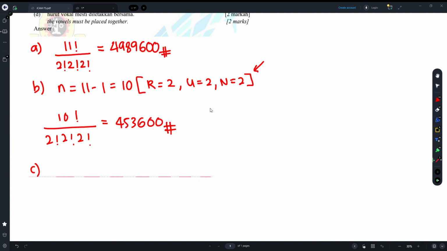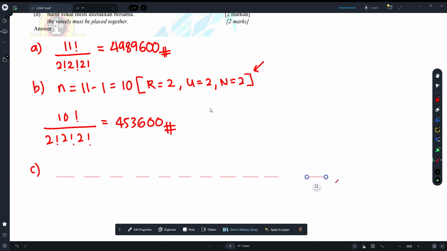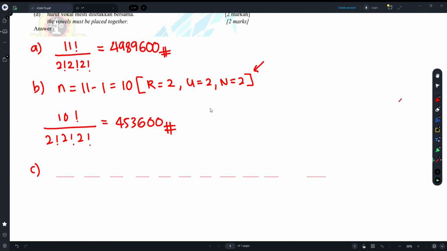We have 1, 2, 3, 4, 5, 6, 7, 8, 9, 10, and then 11. I'm going to give some gap so that you can differentiate between them. In the 11th position, I have to fill with R. In the first position to the 10th position, I have no rules. Any letter can come and sit here.